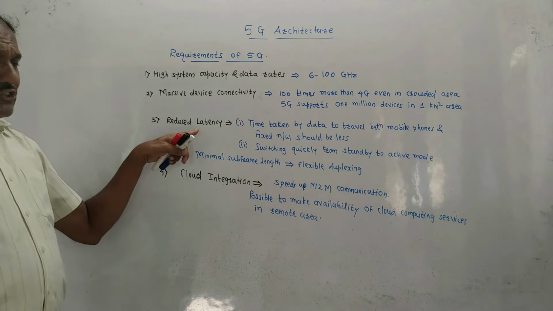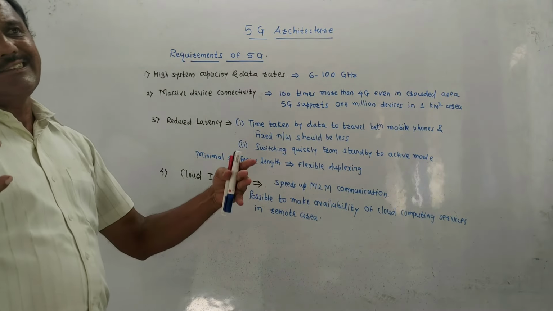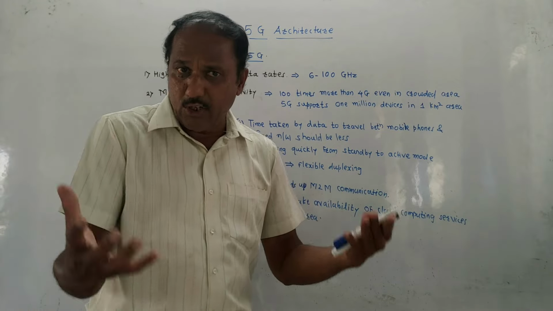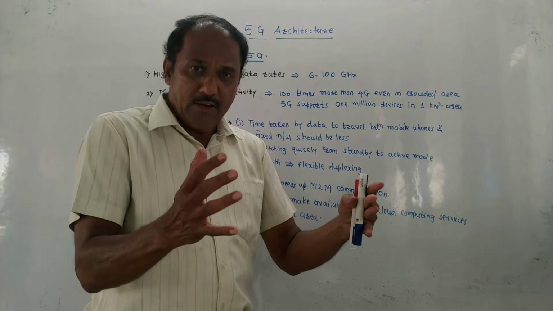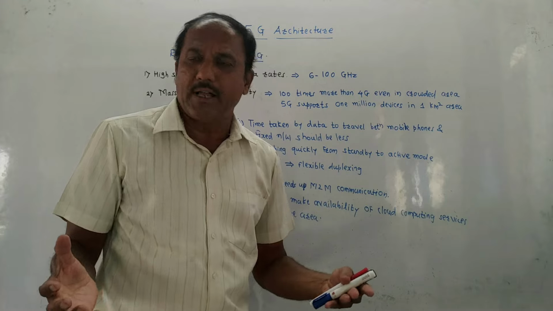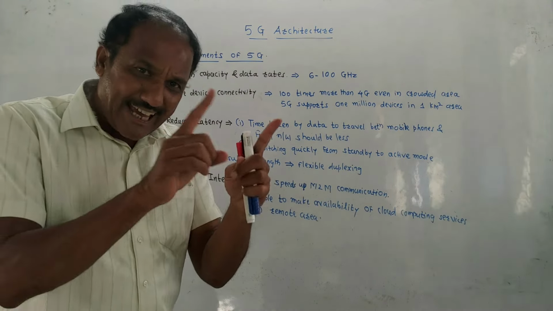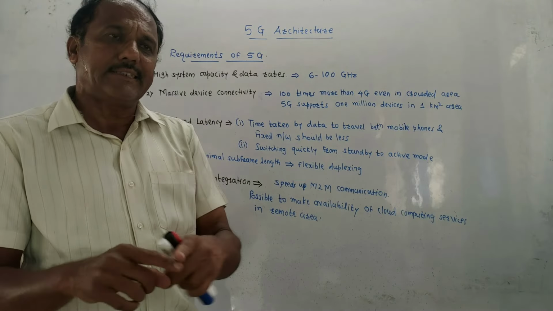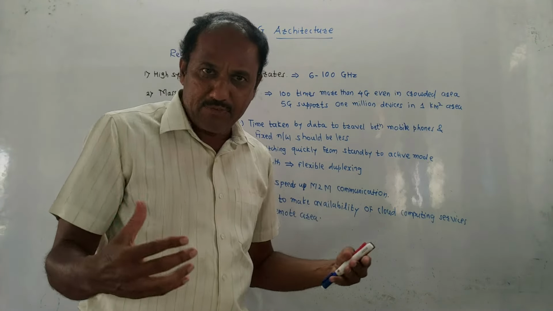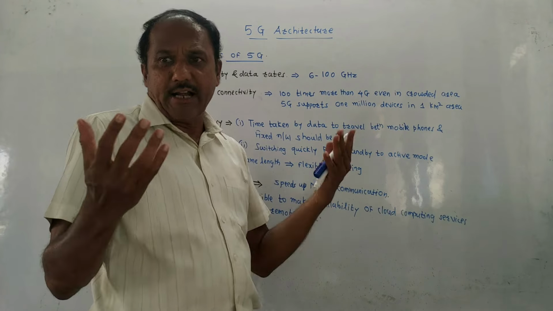Third part is reduced latency. As I mentioned earlier also, latency is the time delay, which should be as small as possible. It is a very important parameter as far as time critical applications are concerned, like interactive games, voice or video streaming and so on.